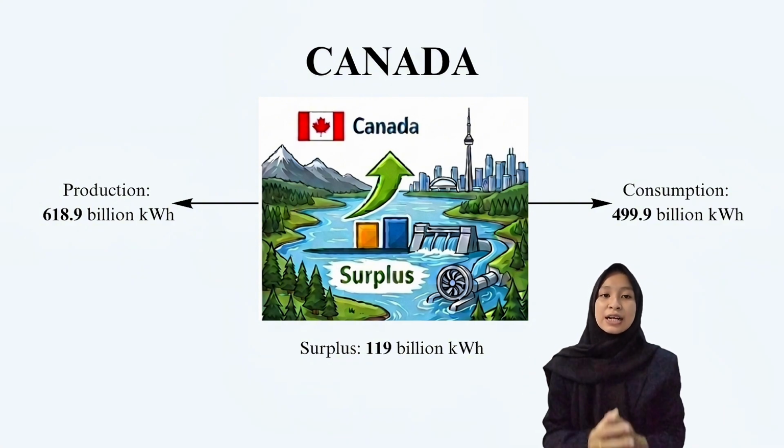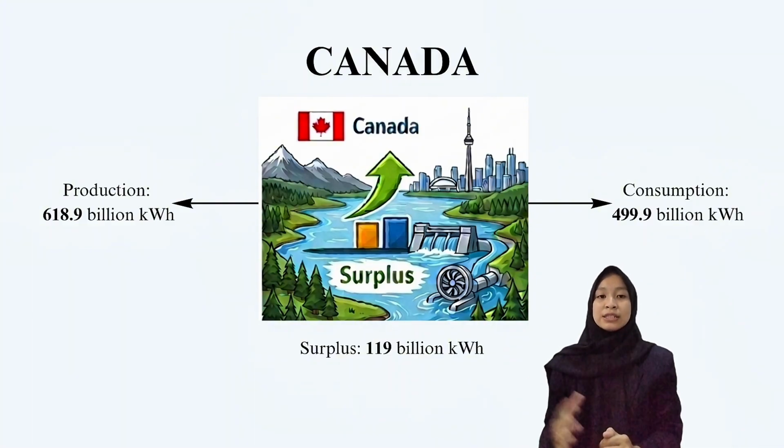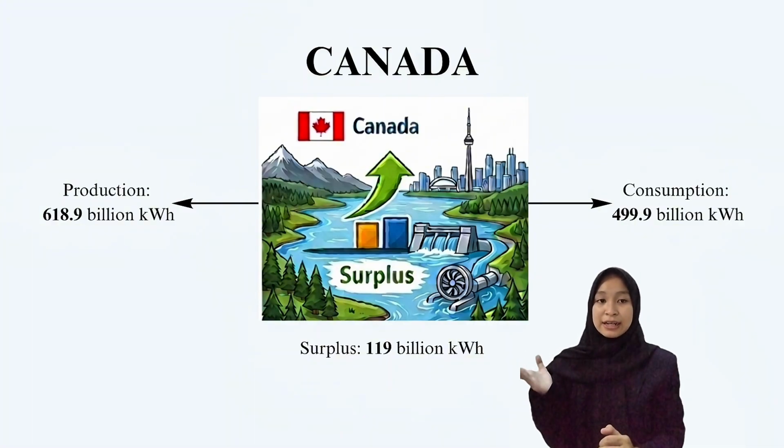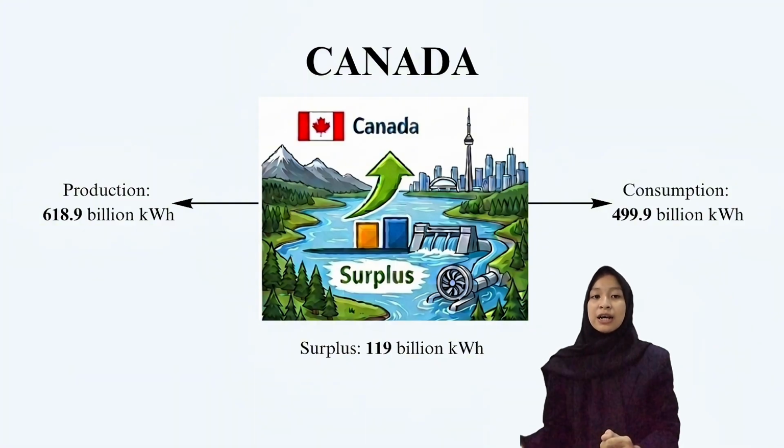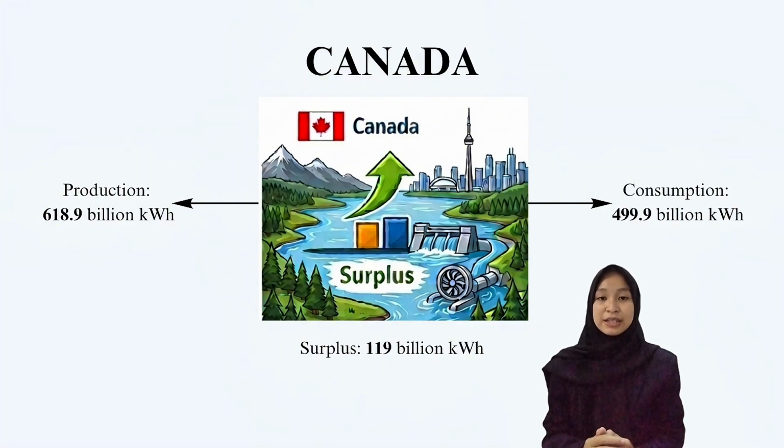As a result, the country experienced a production surplus of approximately 119 billion kilowatt hours. Furthermore, the hydropower symbol represents Canada's renewable electricity resources, especially hydropower energy. Therefore, Canada demonstrates strong electricity production capabilities supported by abundant natural resources.